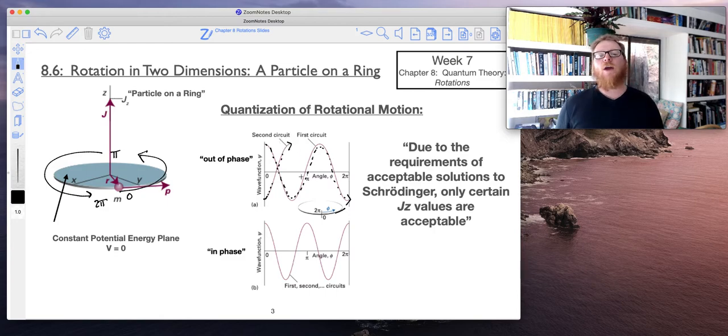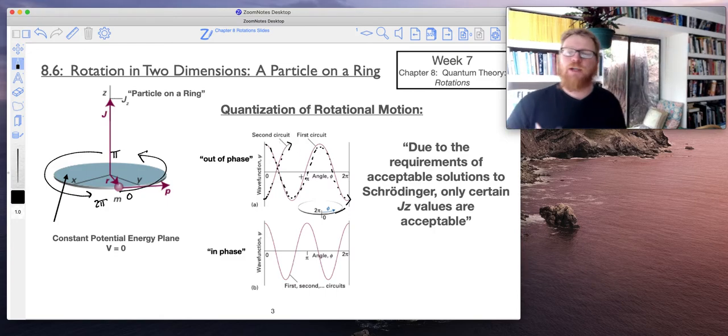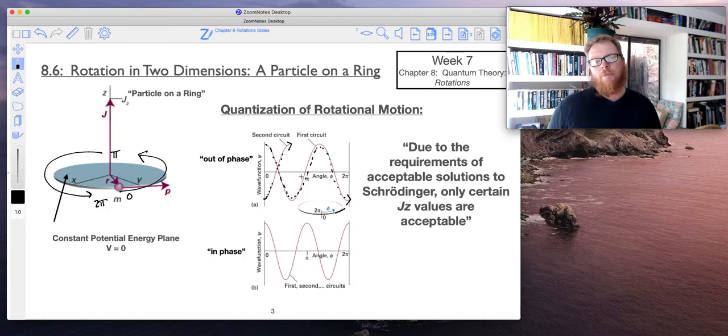Well, you can see right away that's going to be problematic because my Schrodinger wave function has to be single valued. And so as I make successive loops, successive circuits, you can see that it's not single valued, right? It's a double valued function. So that's what we call out of phase rotation.